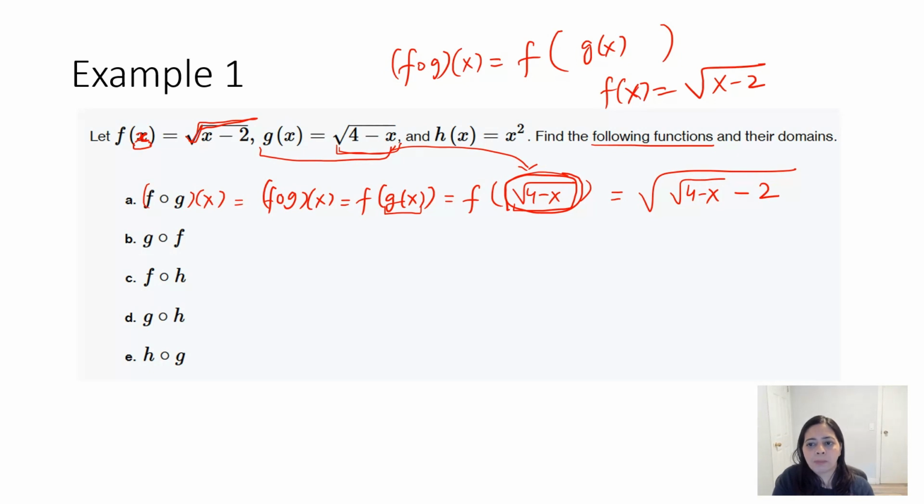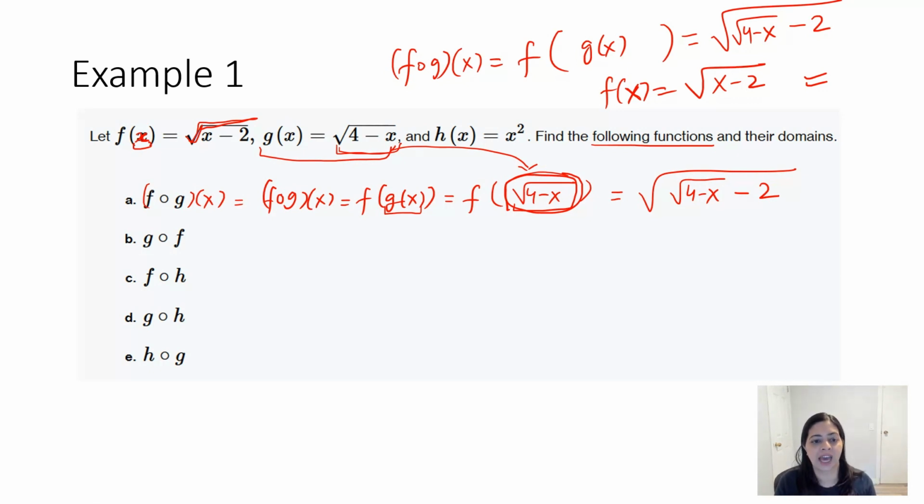If I ask you to replace x with g(x) in the definition of f(x), what would you get? The square root of x minus 2, and now instead of x, you have the square root of 4 minus x. That's what you get as the function f of g(x).